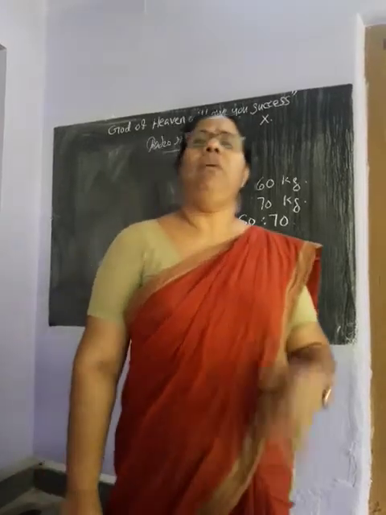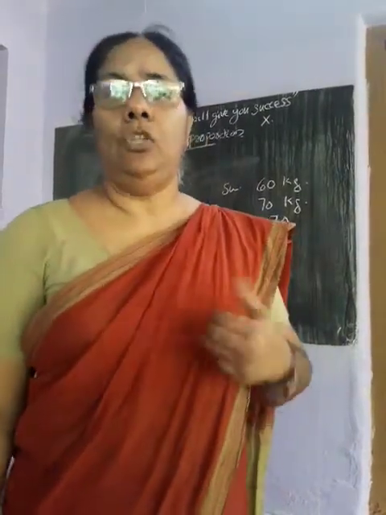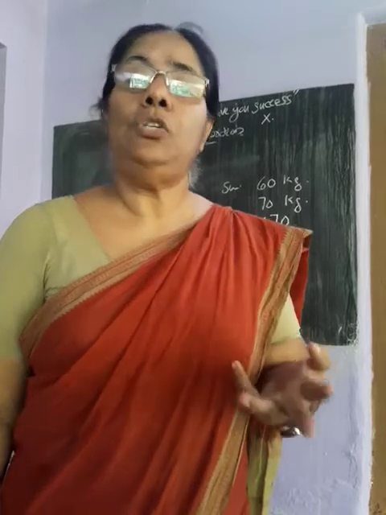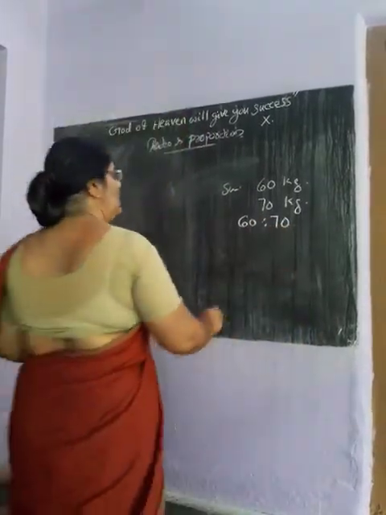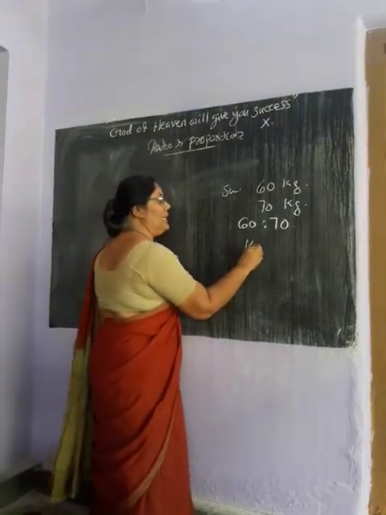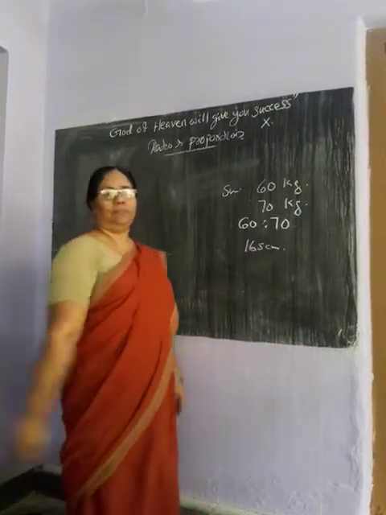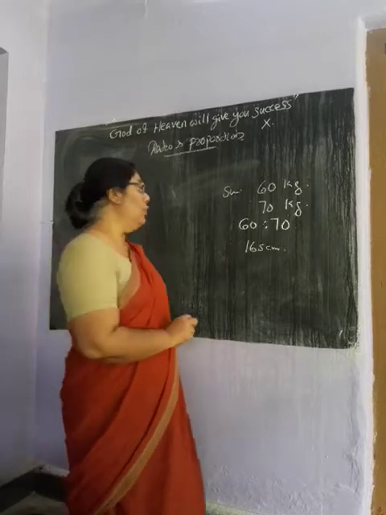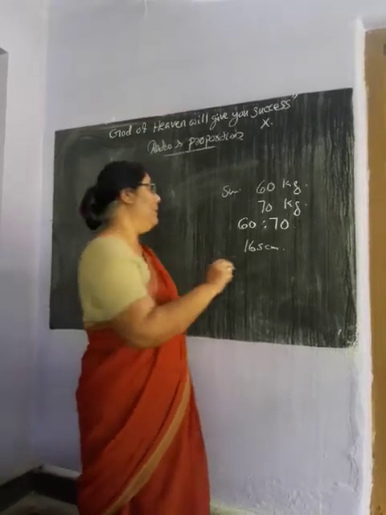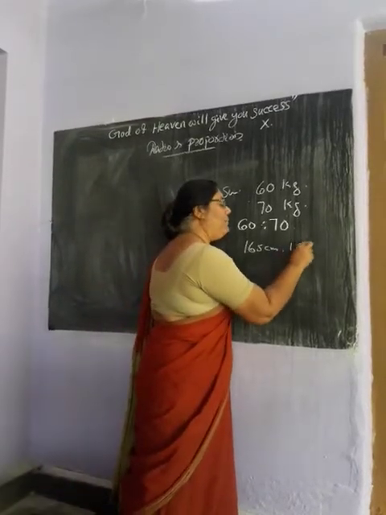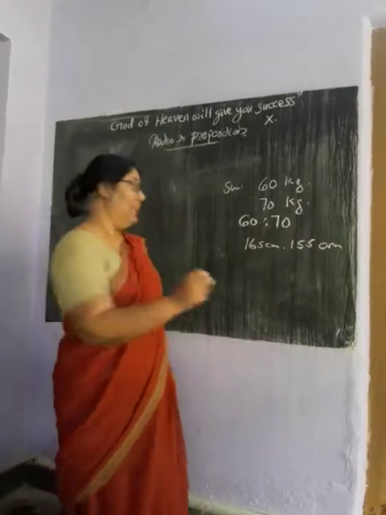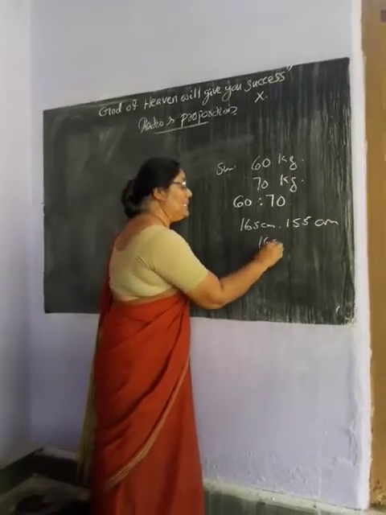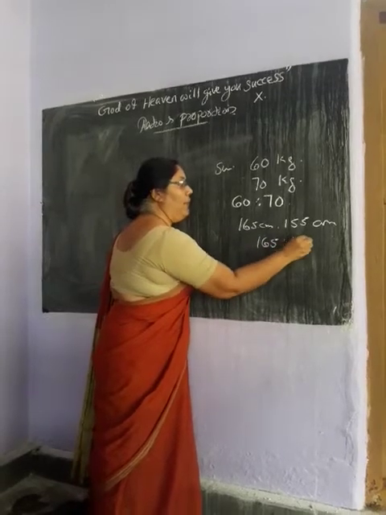Or we compare the height of Achu and Tasnim. The height of Achu, suppose 165 centimeter, and that of Tasnim is 155 centimeter. Therefore, here we can write 165:155.